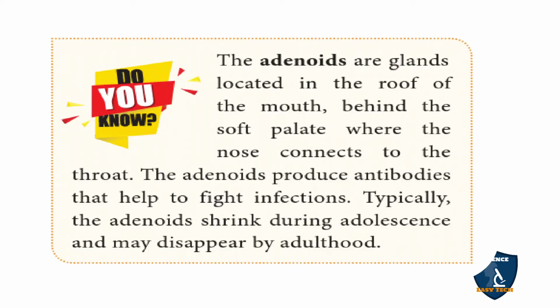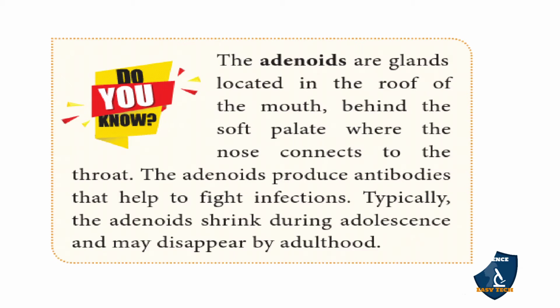Adenoids. Adenoids are glands located in the roof of the mouth behind the soft palate, where the nose connects to the throat. The adenoids produce antibodies that help to fight infection. Typically, the adenoids shrink during adolescence and may disappear by adulthood.